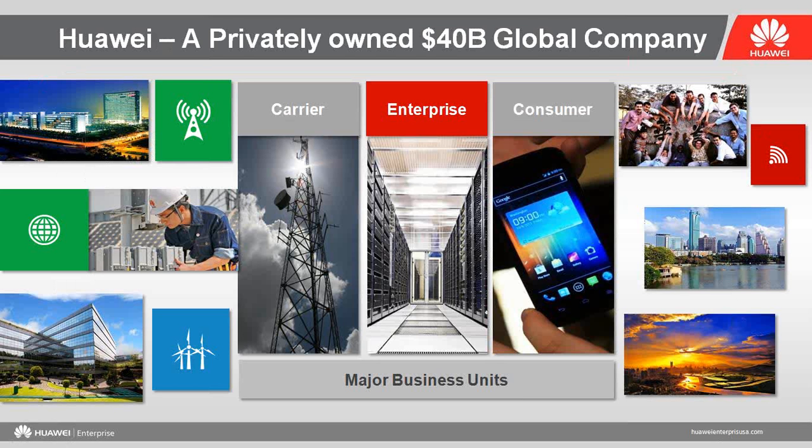We also have the enterprise side of the business, where we're bringing the carrier-grade technology across our different portfolios to the enterprise space, not just here in the US, but globally. We're also on the consumer side, the world's third largest manufacturer of mobile phones. Huawei branded phones are widely available globally, and to date we have the low-end versions of Huawei phones available at Walmart along with our Android tablets. So three distinct major business units. And the product sets that we're going to talk about today come from the enterprise product group.